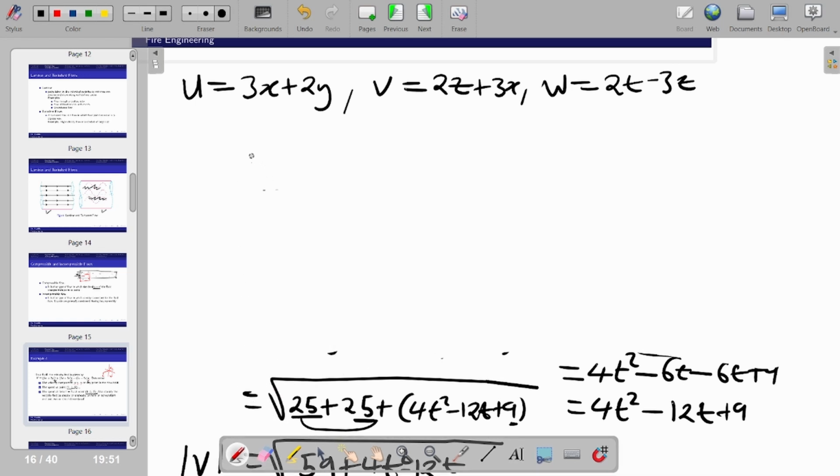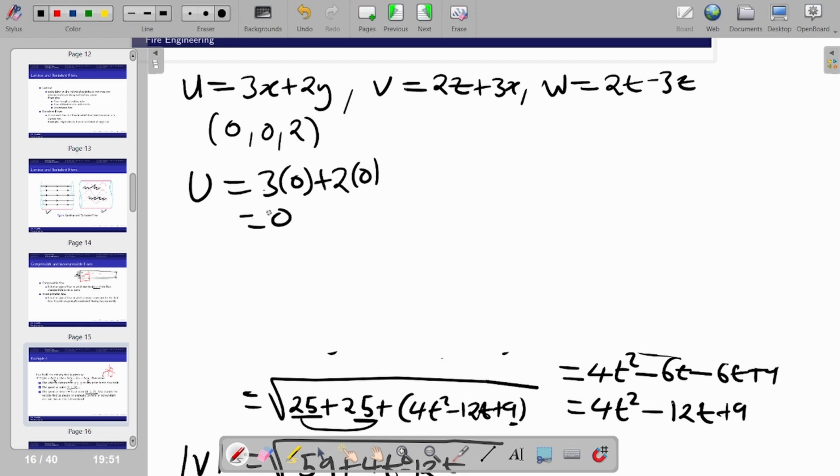Okay, so we remember we're looking for 0 and 2. So u will be given by 3x is 0 plus 2y is 0, so this is basically 0. So u is 0. What about v? It is 2. What is z? It is 2 plus 3, 0.